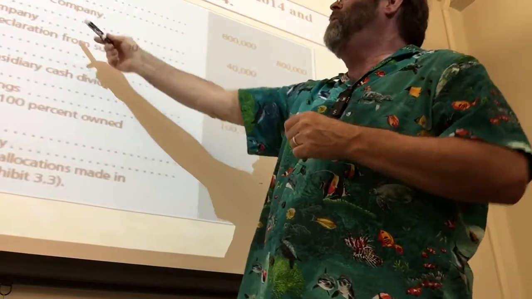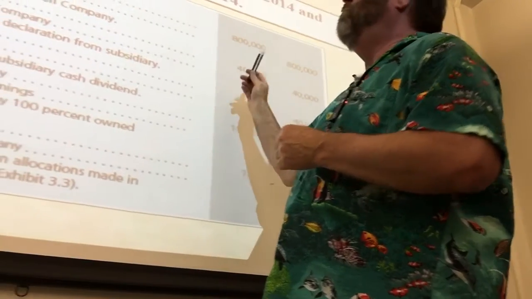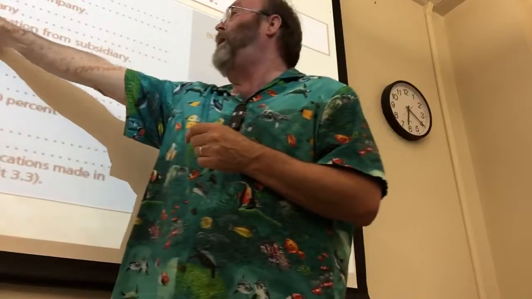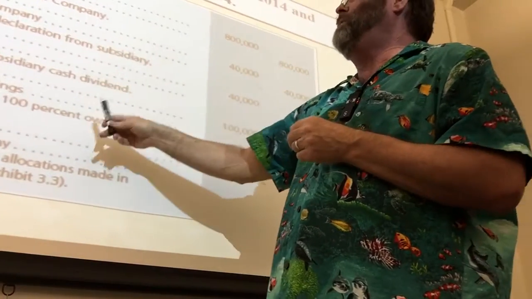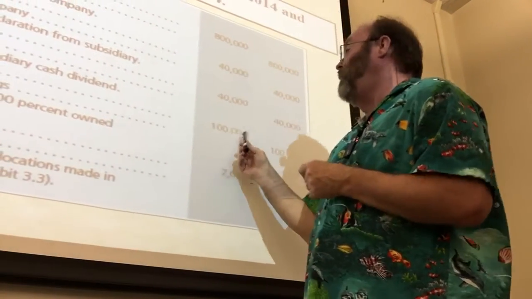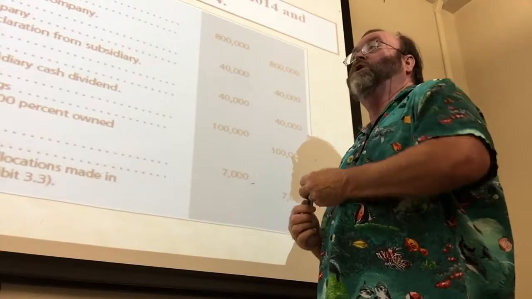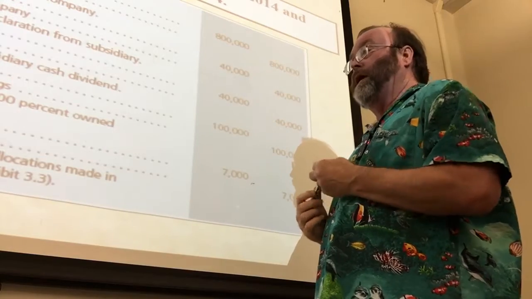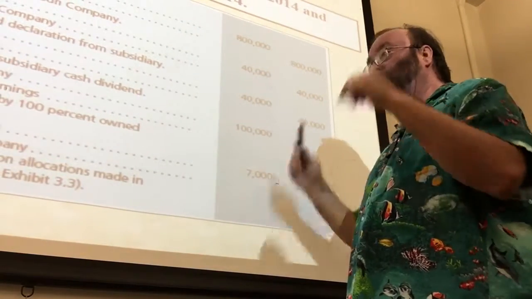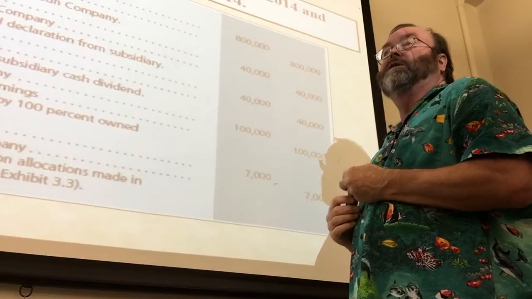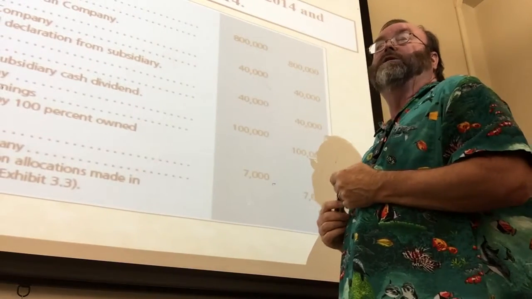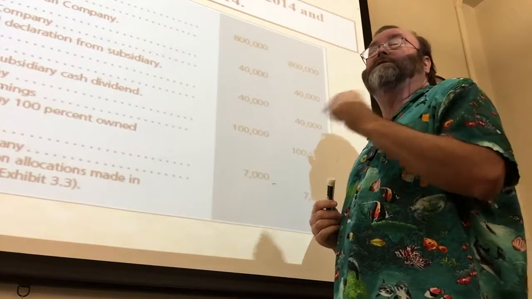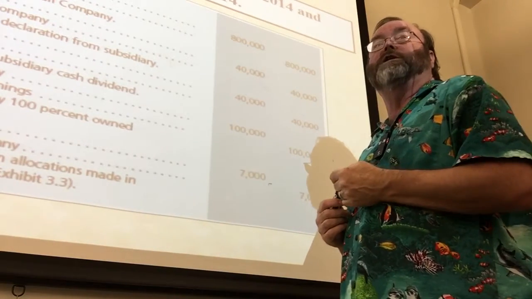All right? Then they record the dividend, $40,000, which reduces the investment, and then this one doesn't matter. They pay the cash, which has no effect on the investment, and then they record the $100,000 income that was earned at the end of 2014. And then lastly, they reduce that equity earnings by the depreciation, well, the excess depreciation over the excess amortization over the reduction in depreciation.